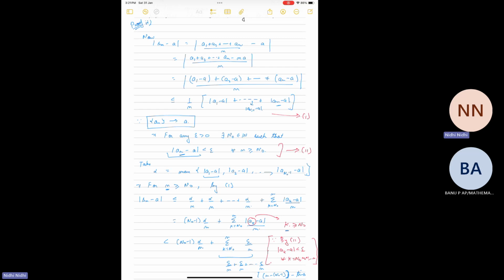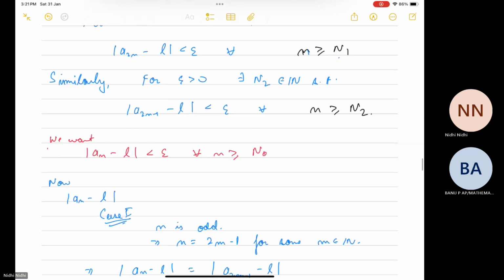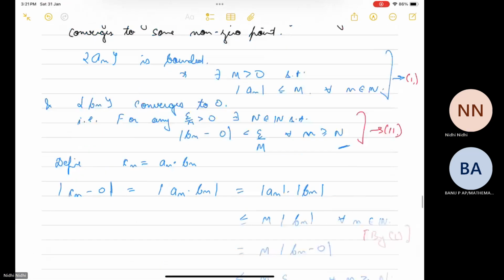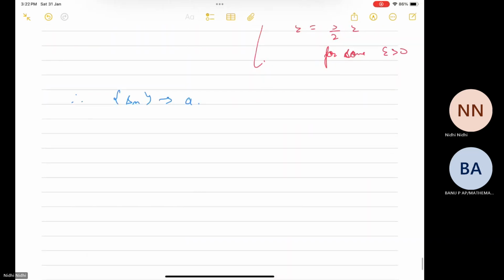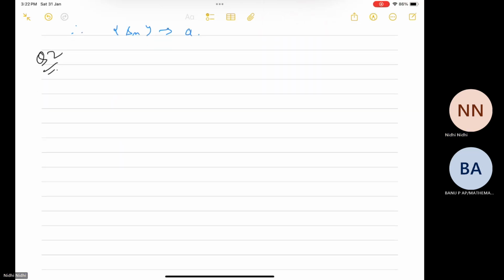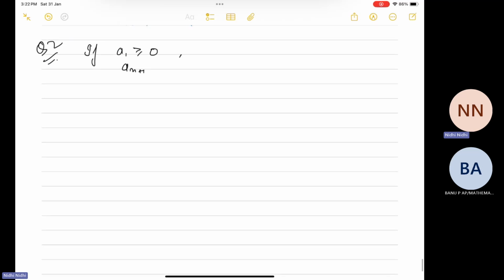Okay, then, if there's no doubt, let's move to the next question. Question number 2. If we have a positive real number a1 and we define the sequence an such that an plus 1 is given by 1 by 2 times an plus 2 upon an.